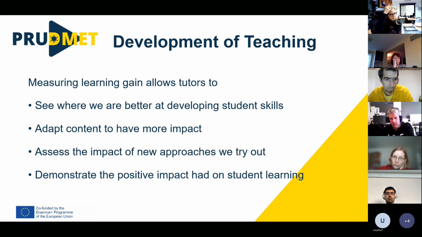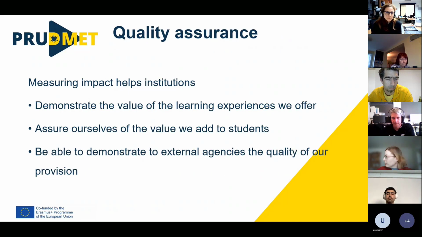Okay, and it can also help us assess the impact of new approaches that we try out, and that's particularly important to us as we're delivering these workshops to people, because we're asking them to try out new ways of using technology. So we need them to understand how the things that they do have worked or not worked.